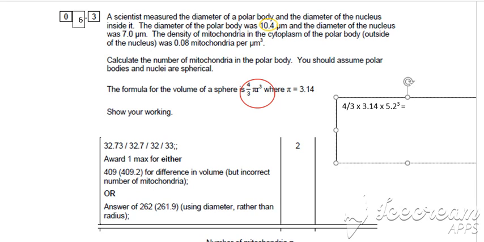And that gives us an answer of 588.98. So that is the volume of our polar body.